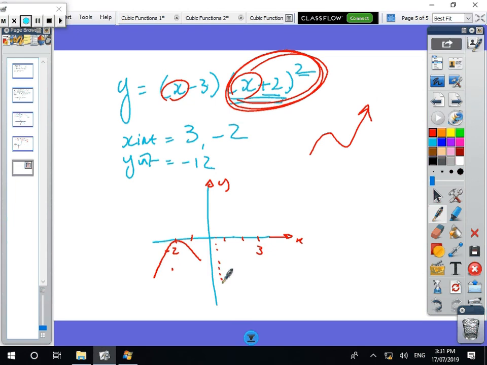So somewhere at 2.5, turn and go back up. And that value there is minus 12. Now when I said 2.5, the gap is 5, which means 2.5 there or 2.5 there. So somewhere around there, it's going to turn.